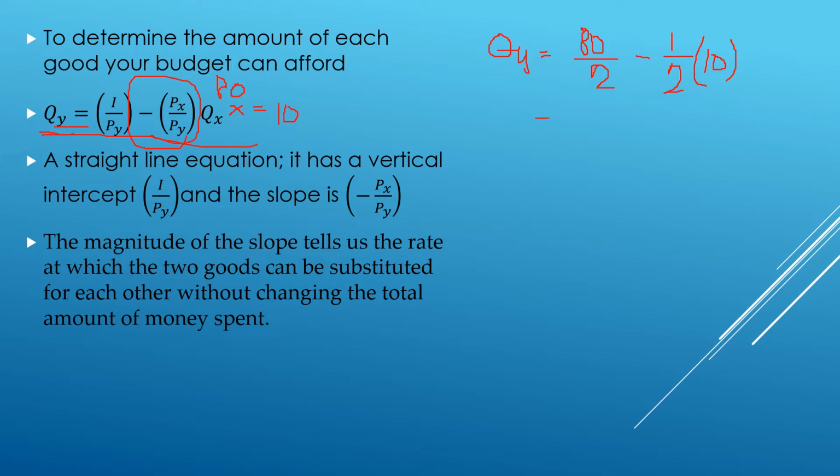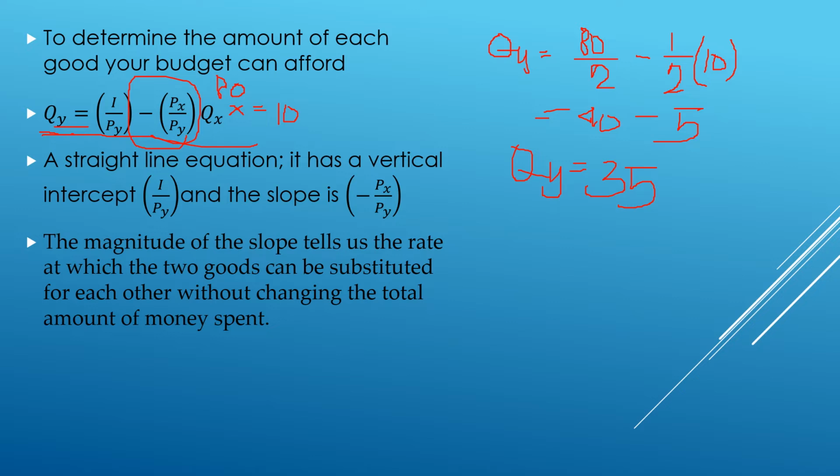So that is just 40 minus 5, and the amount of Y, or the amount of clothing that you're going to buy, is 35. That's how you solve the amount.